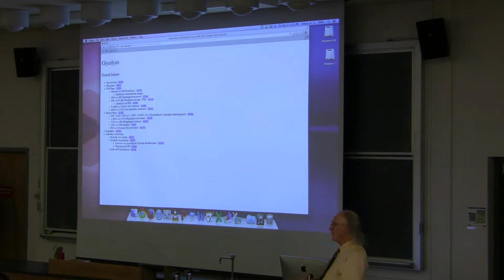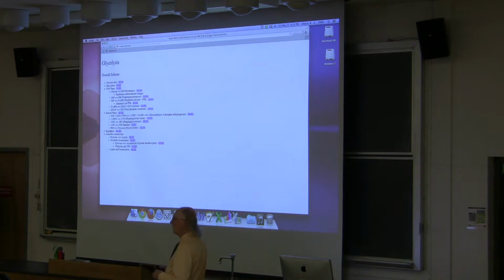As you will see, there are 10 reactions that are involved in glycolysis. And those 10 reactions release some energy, but not most of the energy of the sugar. That's interesting. It releases some of the energy, but not most of the energy.